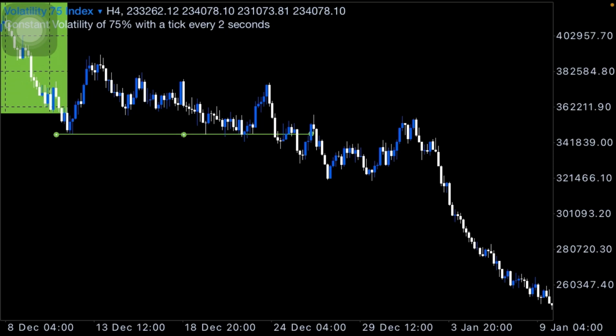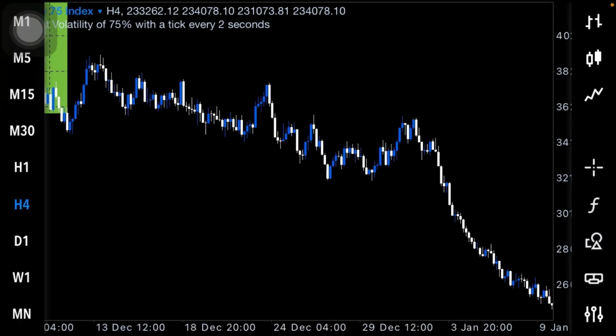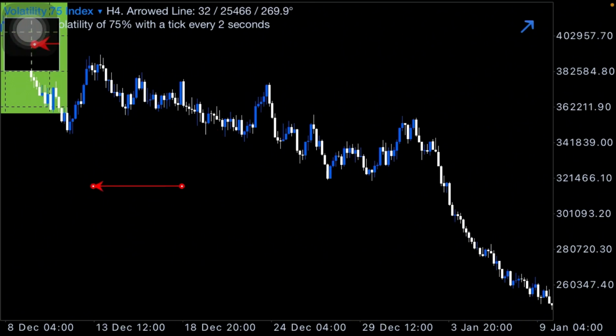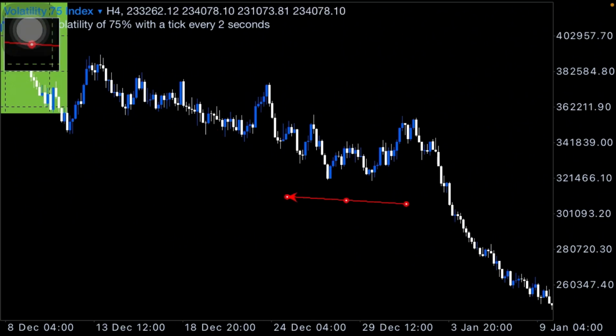So this is the low, this is the low right here. Let me bring out my arrow. I'm going to use this arrow as my pointer.